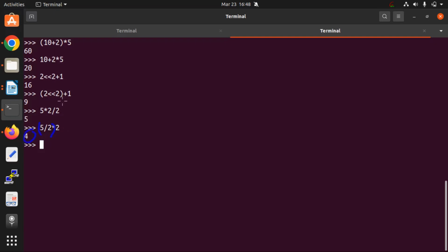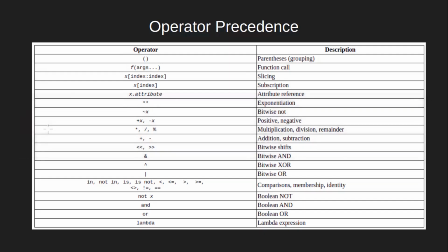Right? In Python 3 you will get 5 itself as the answer. Right? So whenever the precedence levels are same, the expression is solved from left hand side to right hand side. Whichever is encountered first, that is solved first, and it continues from there.